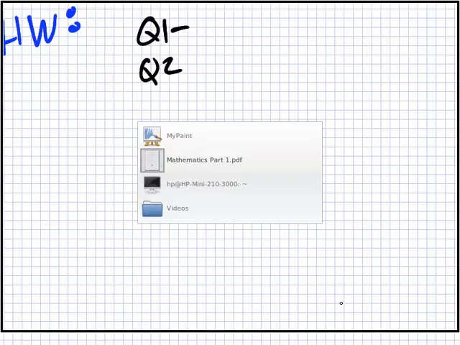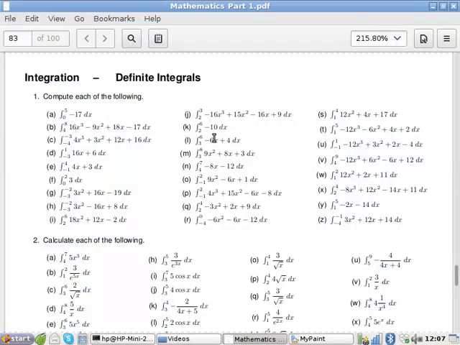Right, so let's see. Question 1, you could do a linear f, g, j.